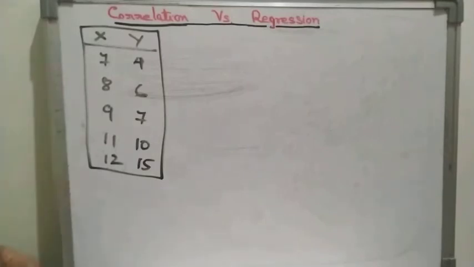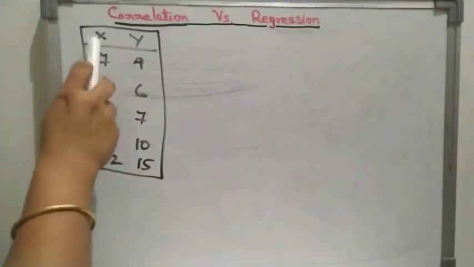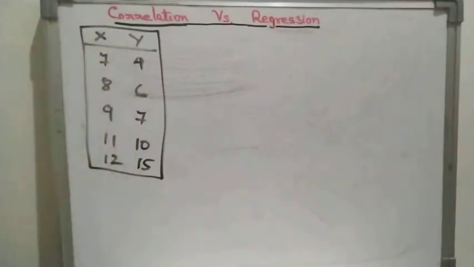Now what is regression? In regression analysis we do the prediction part. Regression means the average relationship between the two variables x and y, and regression analysis means to estimate the average value of one variable for a given value of the other variable.